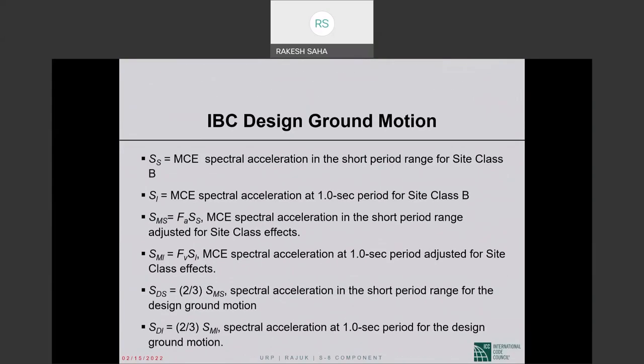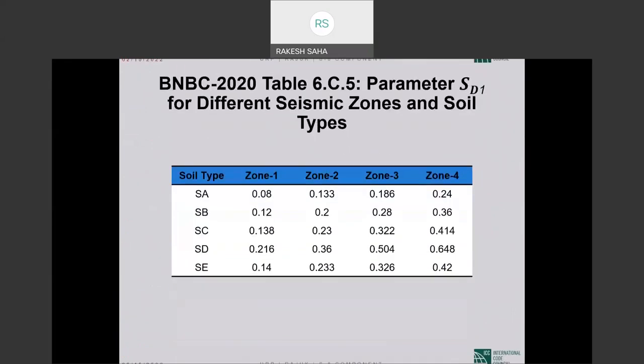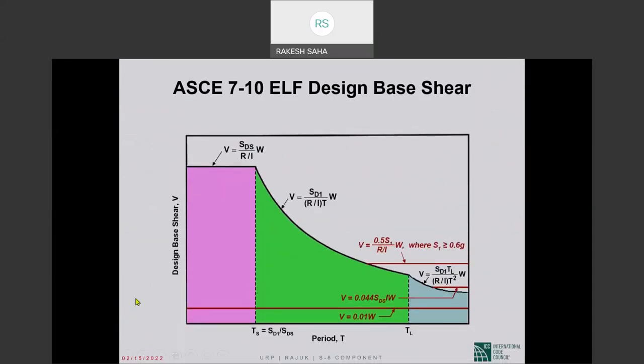We eliminate the ramp building up to the flat top. We extend the flat top all the way back to 0 period. We lower the spectrum by the response modification factor R, and at the same time raise it by the importance factor I. So that is the R over I definition.